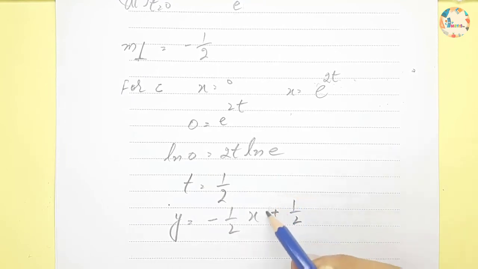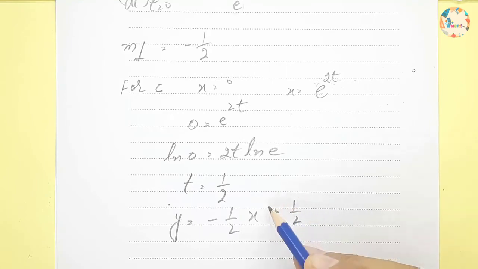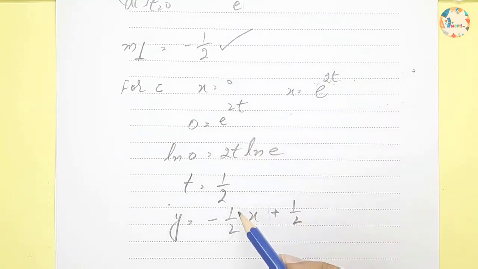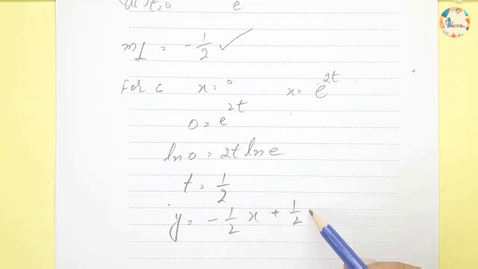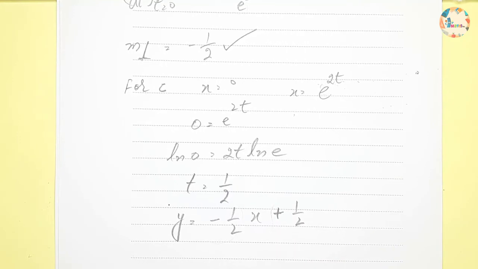This is in y is equal to mx plus c format, so this is the slope, minus 1 by 2, which we got over here, and this is the y-intercept, 1 by 2, because it's intercepting at this point. Hopefully you understood this. This is the answer.